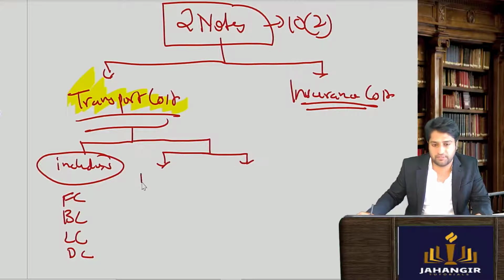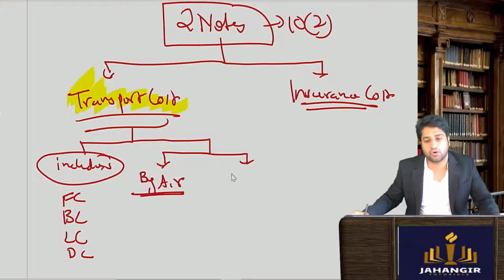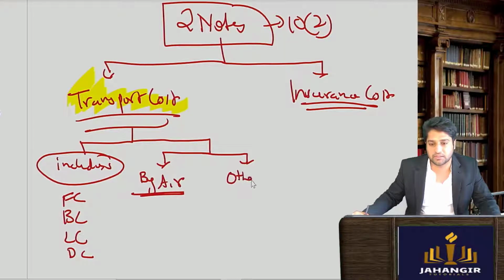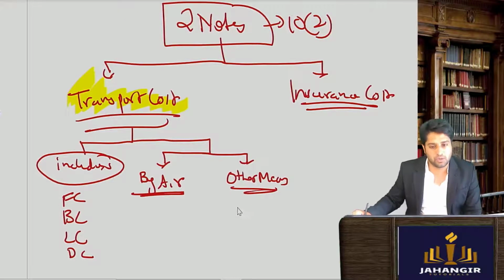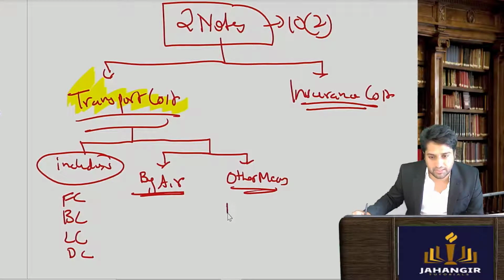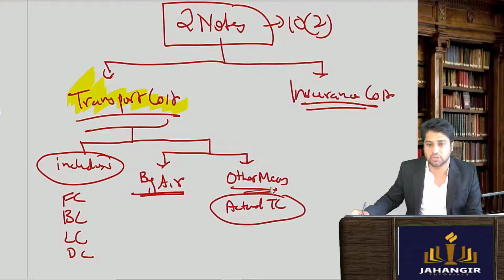In transportation cost, if it is by air, like flight, or by other means, okay, you've got the goods through air or other means. If it is got through another way, maybe sea route or maybe land route, then you will take the actual transportation cost to be the transportation cost.